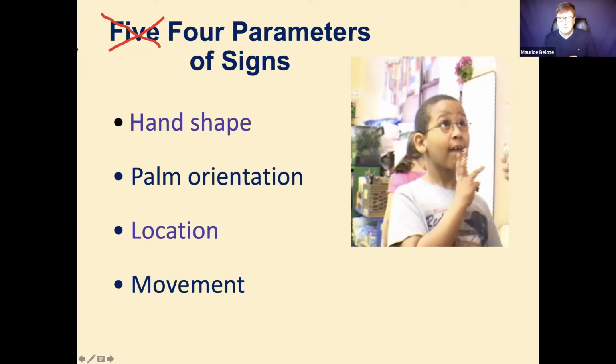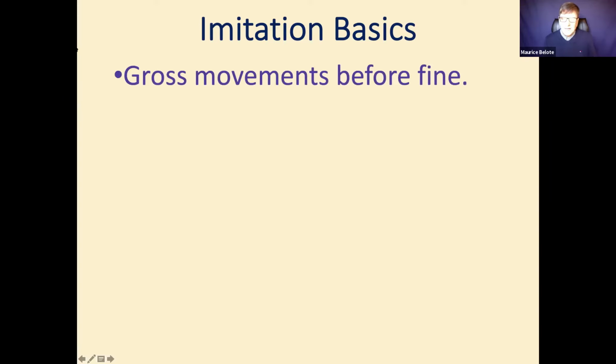So for our purposes today, we're just doing 4 parameters of sign. So this is what we're going to talk about. First of all, we're going to talk about imitation. In general, when children learn how to imitate, they learn gross movements before fine movements.